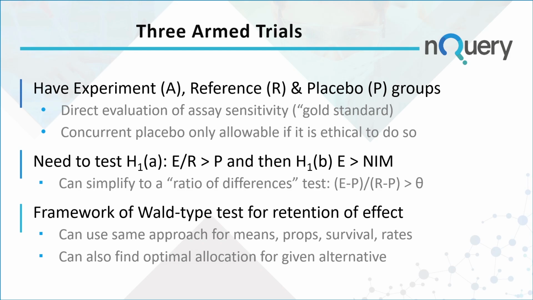And then if you're doing better than the placebo group in your three-arm trial, then obviously now you have shown or proven that not only is our treatment better than placebo, but then when we do the non-inferiority test, we've also shown that the treatment is equivalent to reference. And this is why it's often considered to be the gold standard. The reason it's not done more often is the simple reason that a placebo would not be allowable if it's unethical.